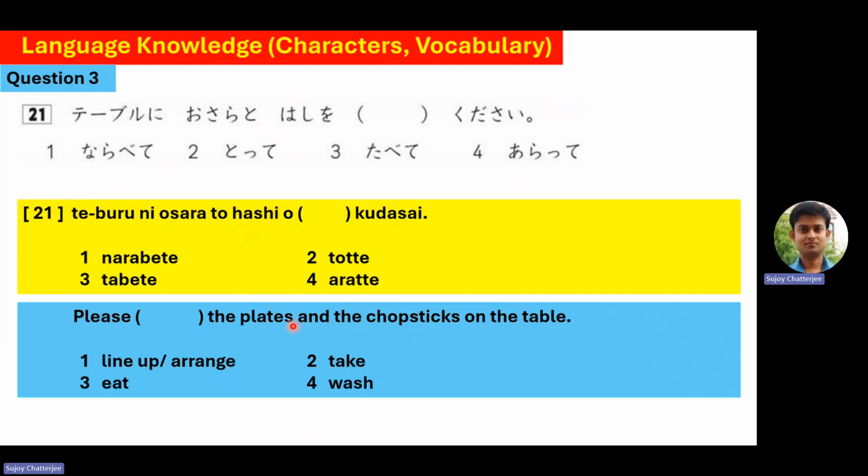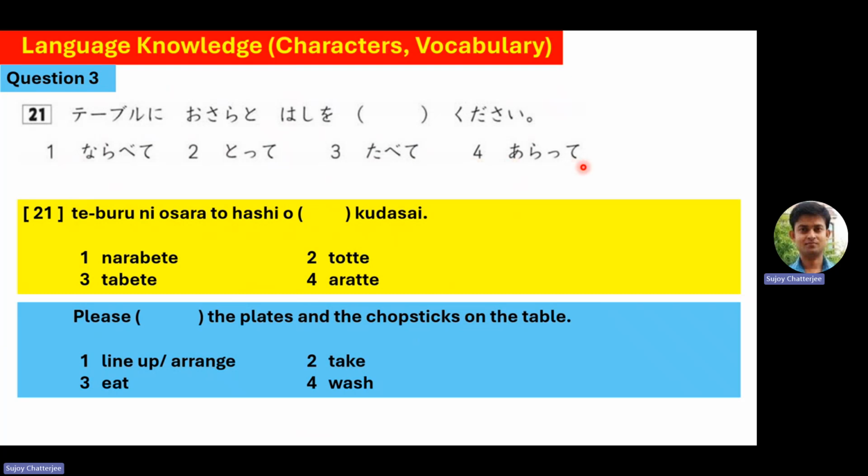So please put the plates and chopsticks on the table, or please arrange the plates and chopsticks on the table, or please remove the plates and chopsticks. That would be from the table, it will not be on the table. So the correct option seems to be line up or arrange. The options they have given are narabete, totte, tabete, and aratte.